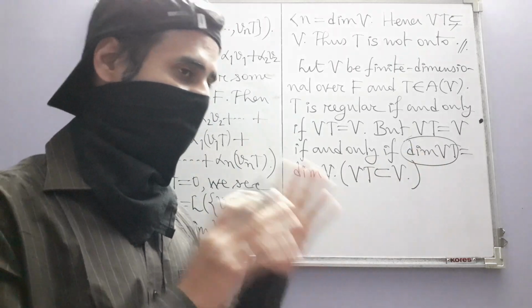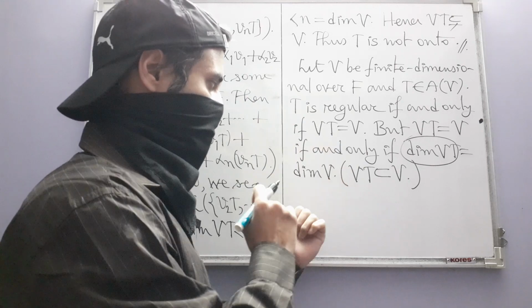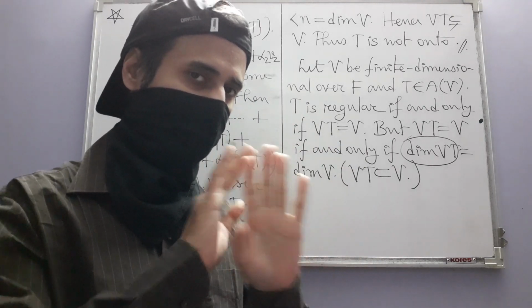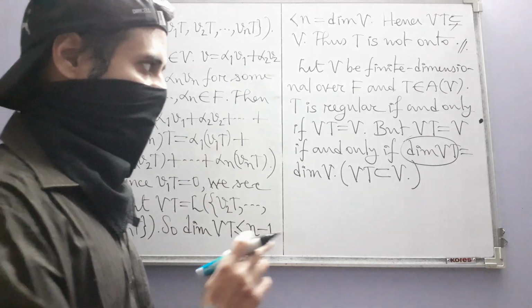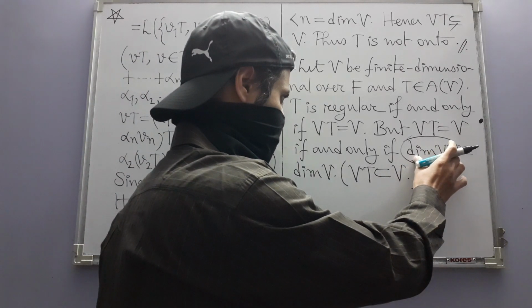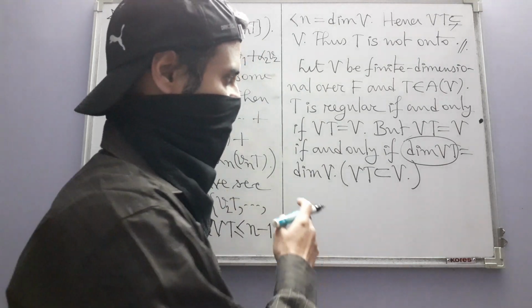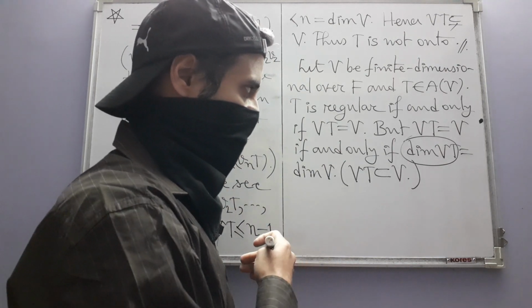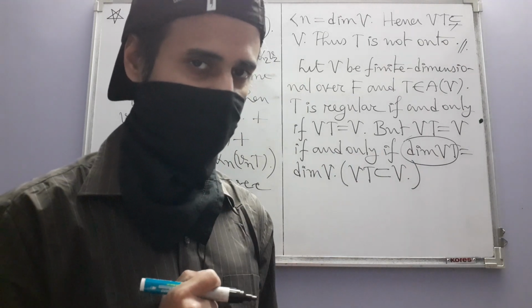And if it is not the largest possible, if it becomes less than the dimension of V, then T is not regular, T is singular. But even then, depending on how large it is, T is that far from being as singular as it can possibly be.